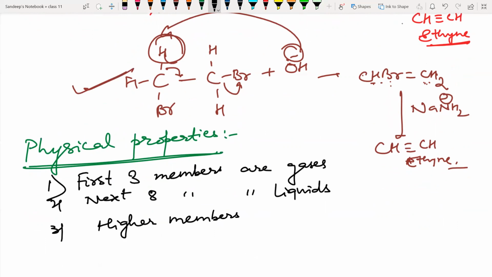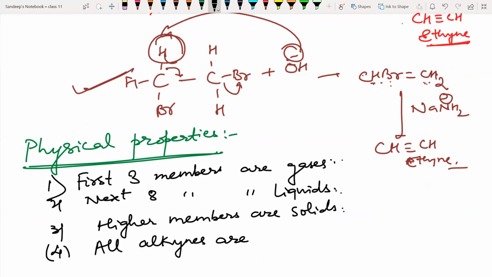As I have told you, as the molecular mass increases, the substance goes from gas to liquid to solid. All alkynes are colorless.